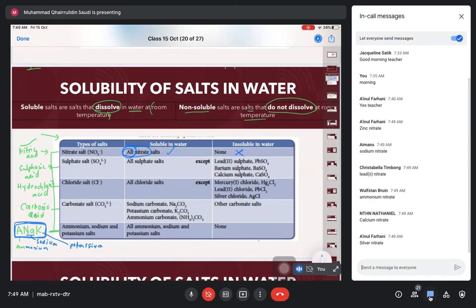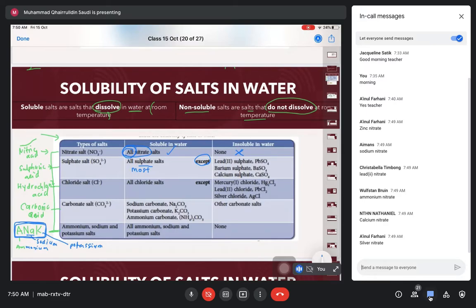Okay, sulfate salt also soluble in water, but most of them soluble in water, except we have 3 exceptions. So these 3, lead 2 sulfate, barium sulfate, and calcium sulfate are insoluble in water.